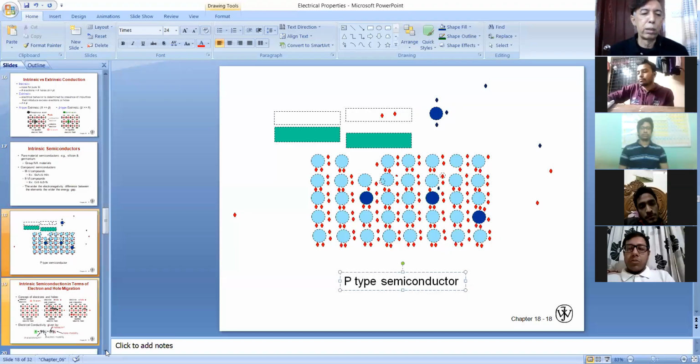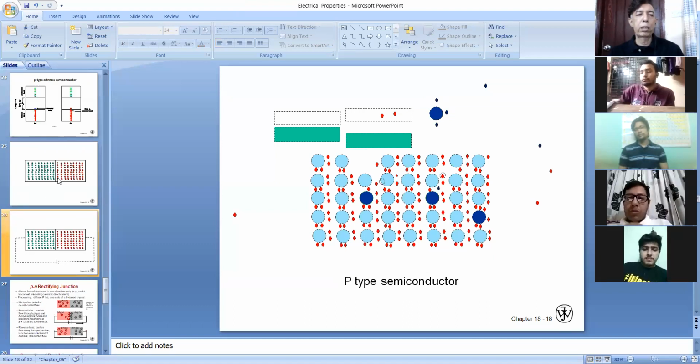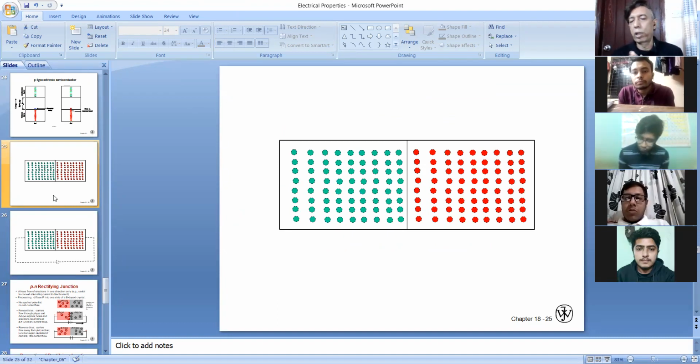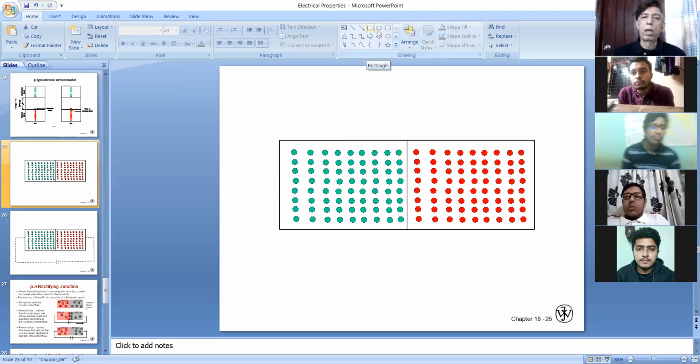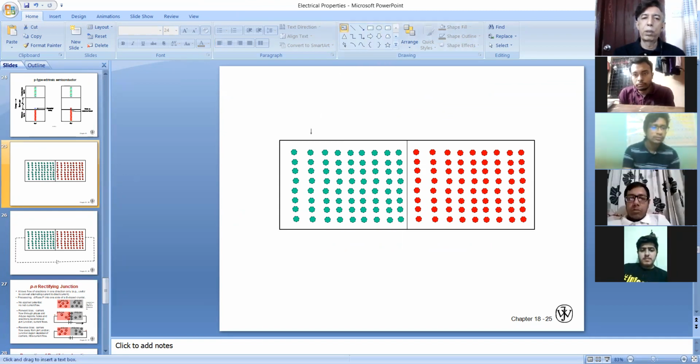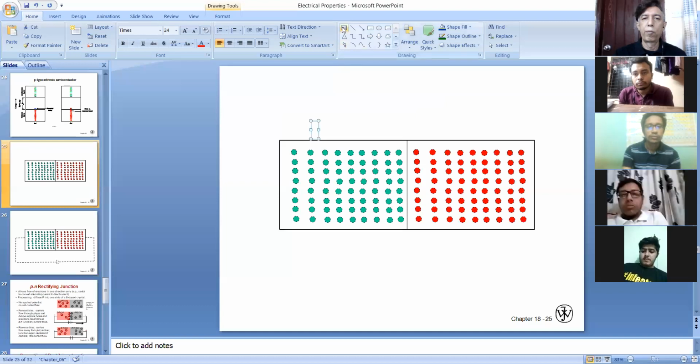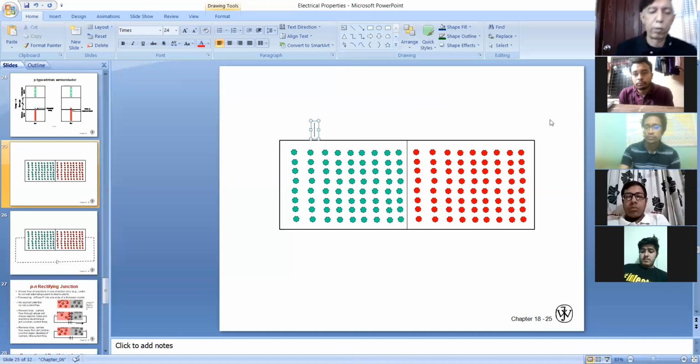Now what will happen if we connect an N-type semiconductor with a P-type semiconductor? For example, this is a P-type semiconductor, and this is N-type.